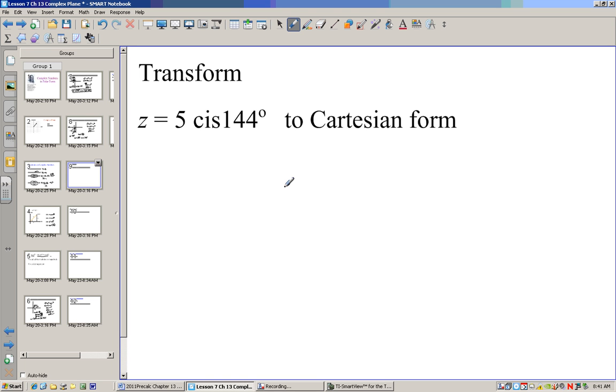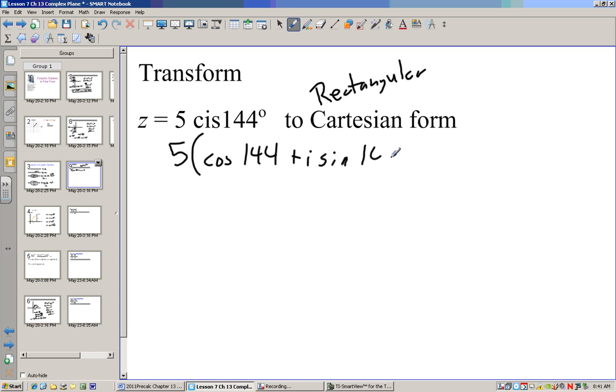All right, now if we're going to go in the opposite direction, we want to convert this back into Cartesian form, which is another way of saying rectangular. So we just expand this, and we write cosine 144 plus i sine 144. Multiply 5 over the parentheses, so we have 5 cosine 144 plus 5i sine 144.